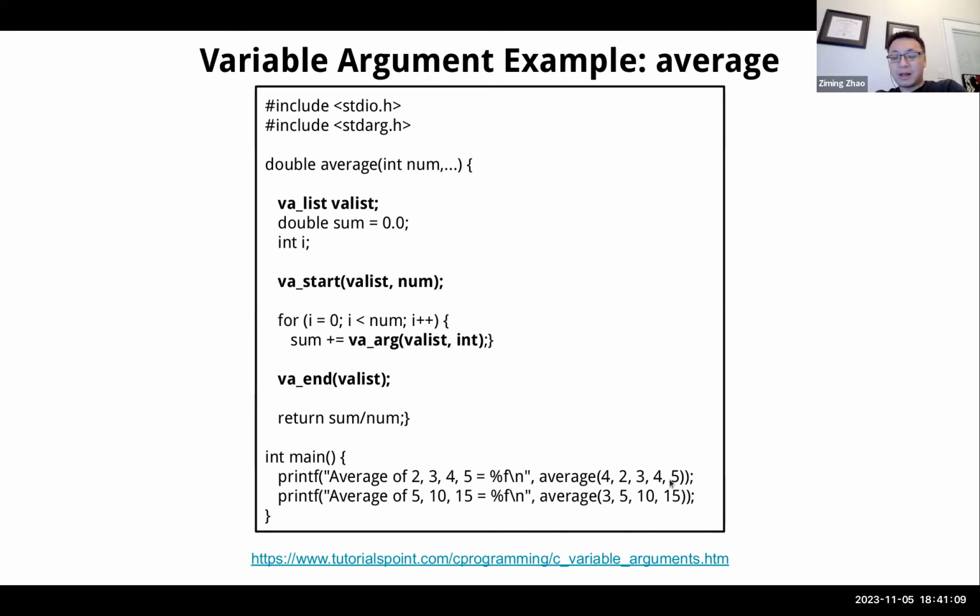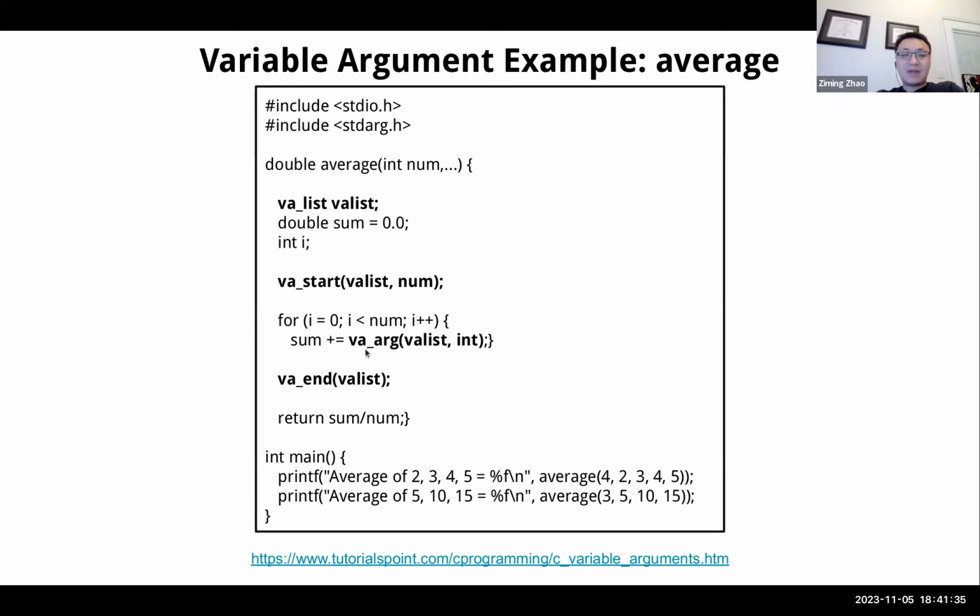The other 4 arguments are the integers you want to compute the average of. So when they are pushed onto the stack, 5 is pushed first, then 4, then 3, then 2, then 4, right? That's how the compiler will order the arguments.